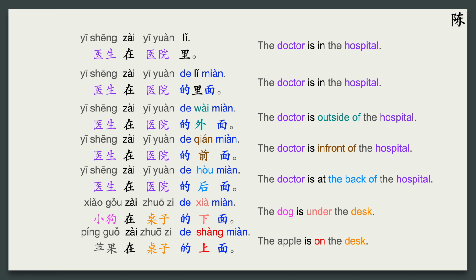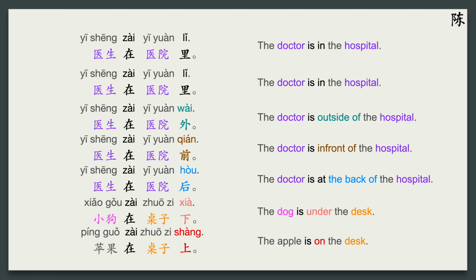And also, you can omit 的 and 面. Then the sentences have fewer characters but they mean the same thing. This also applies to left side, right side, north side, east side, south side, and west side. And we'll learn these words in future lessons.